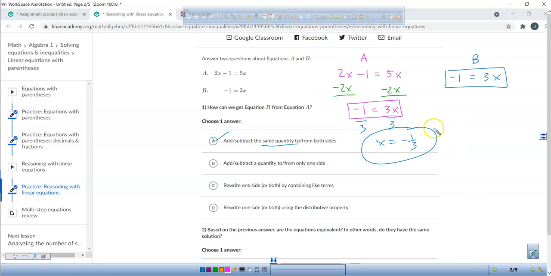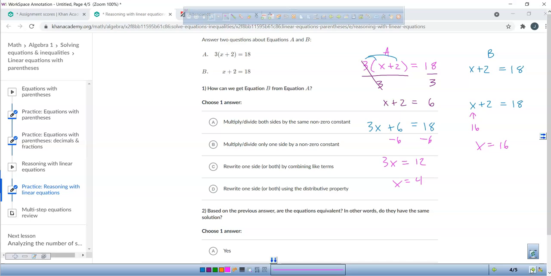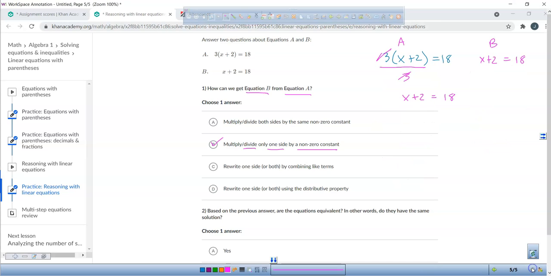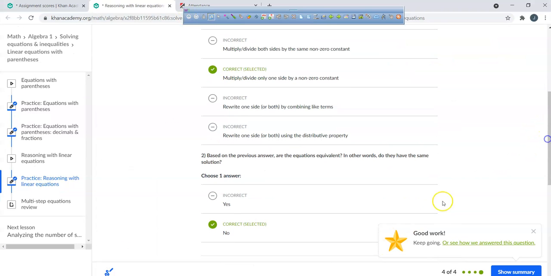These equations were equal to each other. The first equations, you could clearly see these were equal to each other. But the last equation, they were clearly not equal. I'm going to put an equal sign and a slash through it. They were not equal to each other. So that's why I chose no, they were not equal. And that's how you do it.